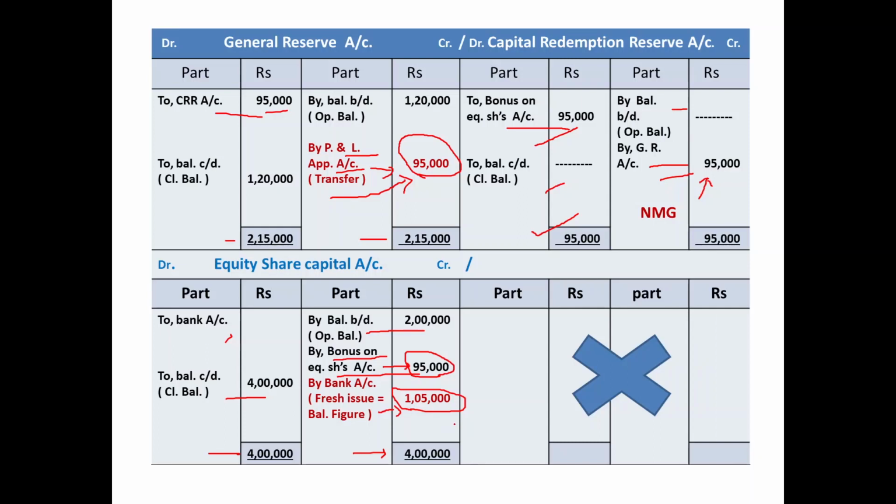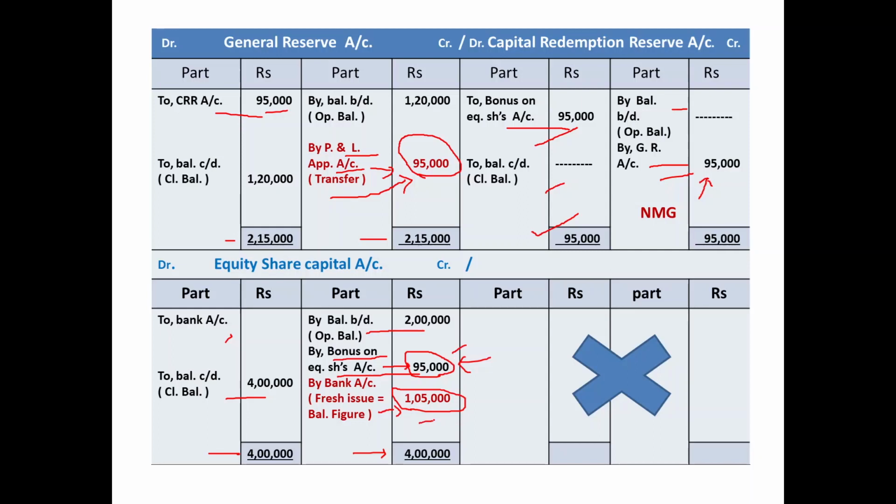As per the instruction in the second part of the fifth point, during the year new equity shares were issued at 10% premium. So first we considered the bonus point related to the RPS process, CRR debited for bonus to equity shareholders, credited to equity share capital. And now we are in a position to decide the balancing figure on the credit side of this account, which must be the new equity issue amount made in the current year.